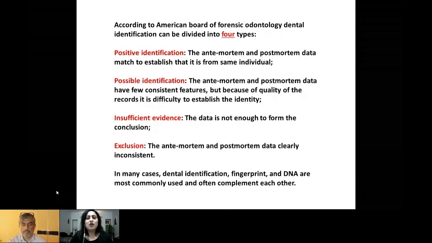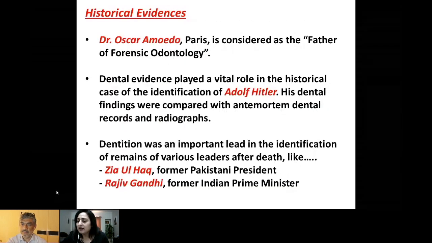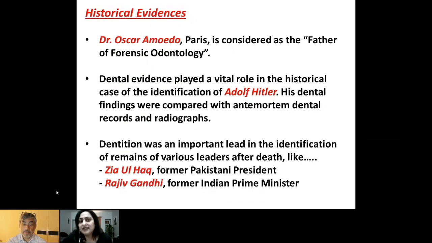Historical evidence: Dr. Oscar Amoedo is considered the father of forensic odontology, and dental evidence played a vital role in the historical case of the identification of Adolf Hitler. His dental findings were compared with the antemortem dental records and radiographs. He committed suicide along with his wife on April 30th, 1945 in Berlin. It is believed that the Russian forces found their remains and performed autopsies on the couple, but until late 1968, it was all kept a secret.